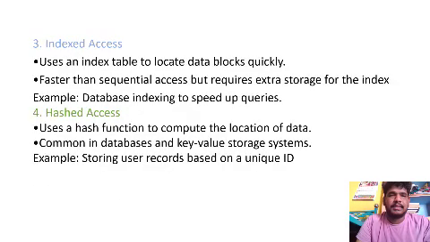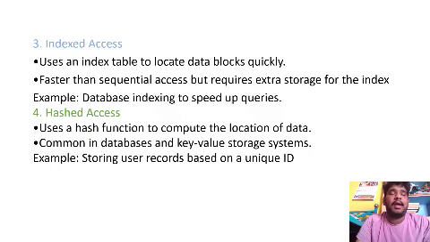Third one, indexed access. It uses an index table to locate blocks quickly, faster than sequential access, but requires extra storage for the index. Example of indexed access: database indexing to speed up queries.